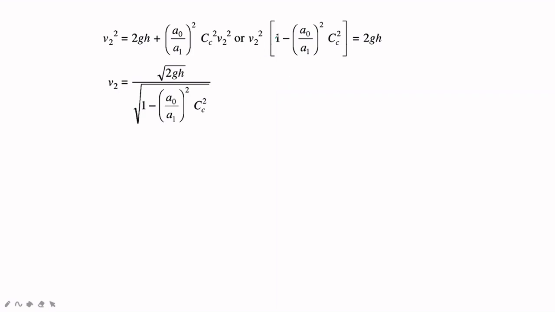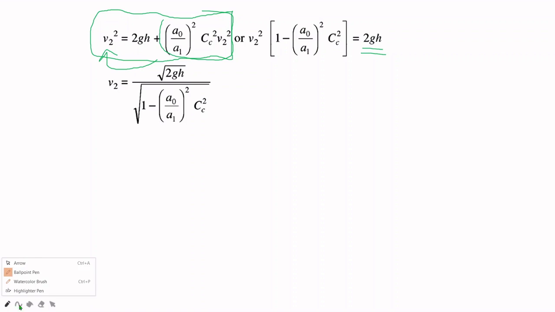Taking the common term, 1 minus A naught by A1 whole square into Cc square is equal to 2GH. So this is the term, don't get confused. Or they can keep this 2GH here and shift this term to this side.